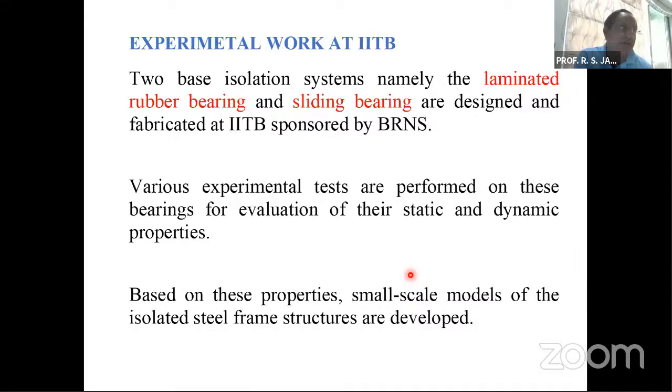small scale steel frame models were developed and tested with a condition of isolated and without isolation.